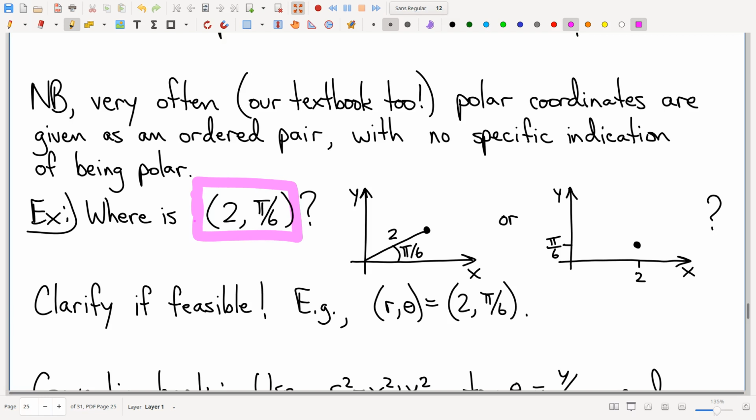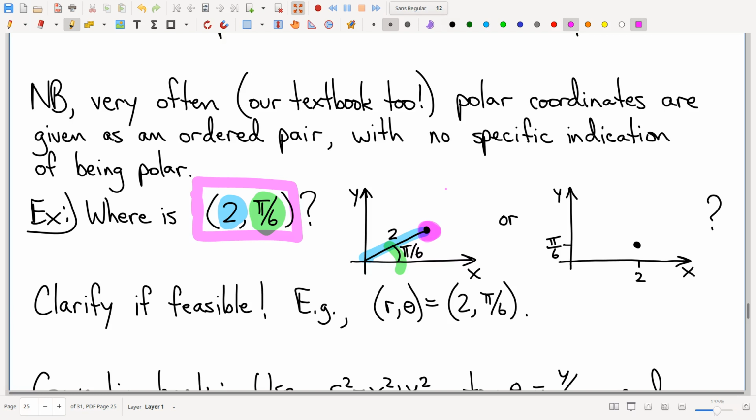Now, a lot of students will look at this right here, pi over 6, and say, hey, come on, that's an angle. Surely pi over 6 is an angle. And if pi over 6 is an angle, then this is the r, and surely we're talking about this point right here. You'd think, right? But okay, that's probably even true. But 2 is still a perfectly reasonable candidate that could be x.